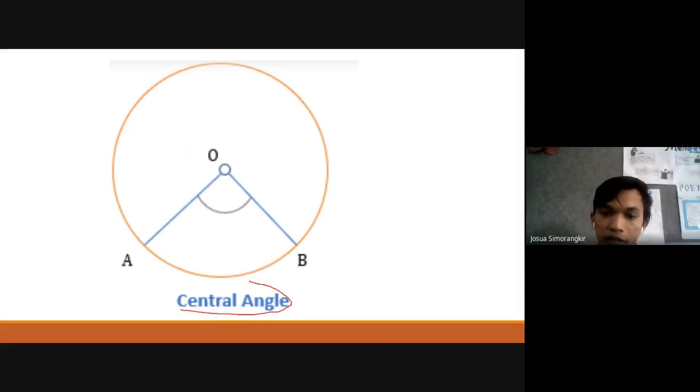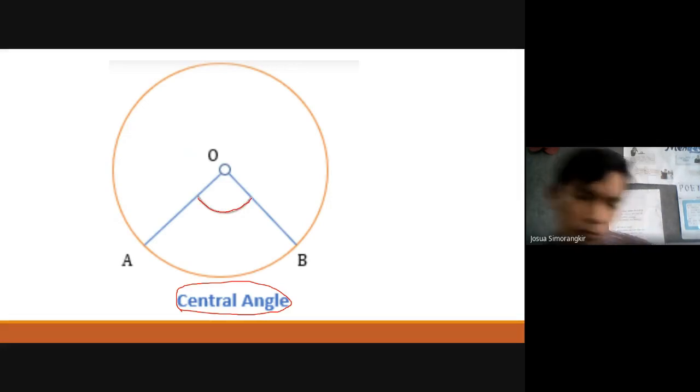Next, the second property is about the angle we call the central angle. Actually, this one is similar to what we called before the sector of the circle. So the angle here we call the central angle. There is also a connection between the central angle and the inscribed angle from before.